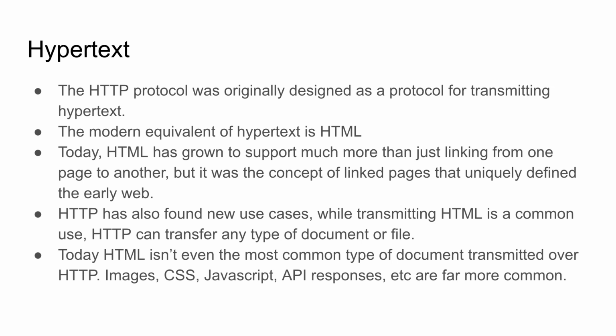HTTP has also found new use cases. While transmitting HTML is a common use, HTTP can transfer any type of document or file. Today, HTML isn't even the most common type of document transmitted over HTTP. Images, CSS, JavaScript, API responses, etc. are far more common. All right, awesome. Thank you so much for reading that, Robert.